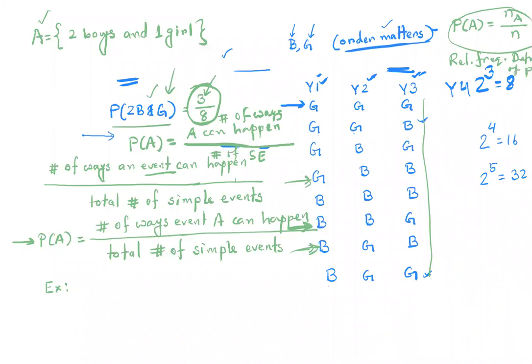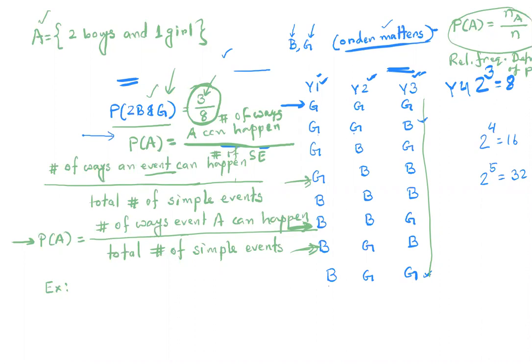This is the simple events definition of probability. I don't know the exact definition name they use, but it really doesn't matter what they call it, so long as we understand the concept. It's just another way of defining probability.